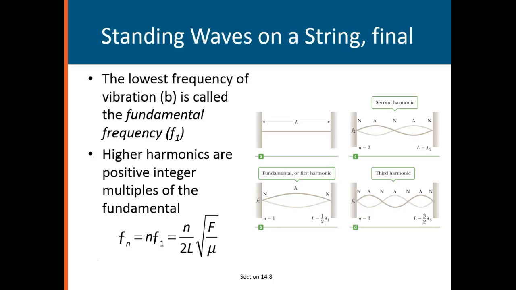Higher harmonics are positive integer multiples of that first harmonic. Now the fundamental frequency, F1, then multiples of that, okay? Now when you multiply the frequency, you're having the wavelengths.